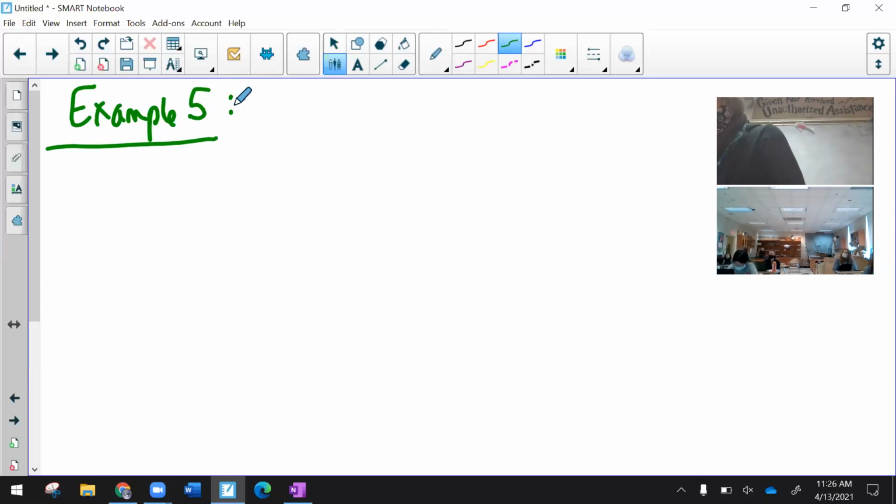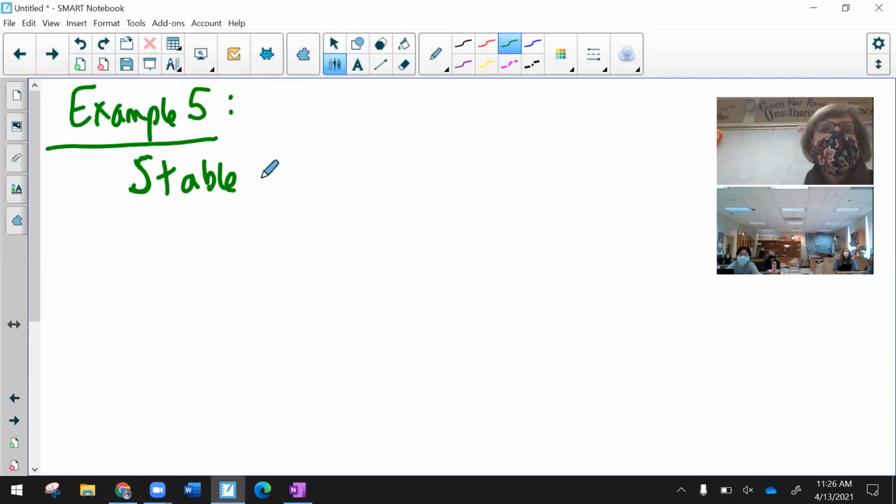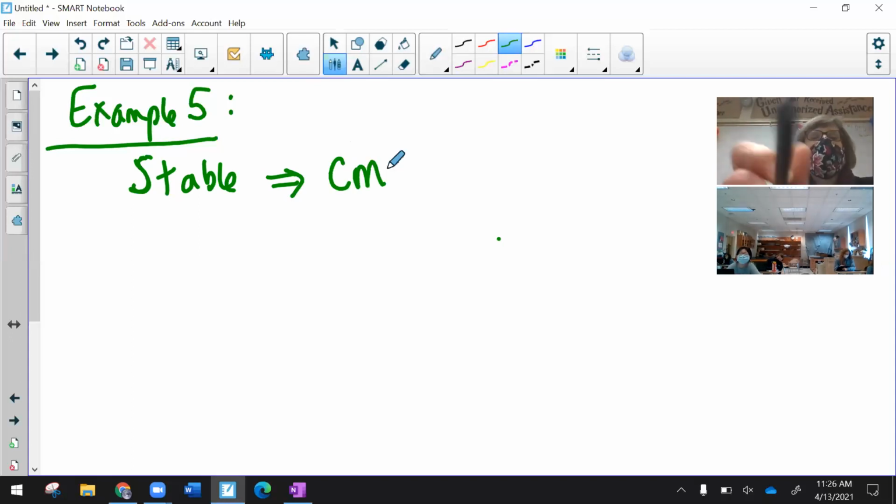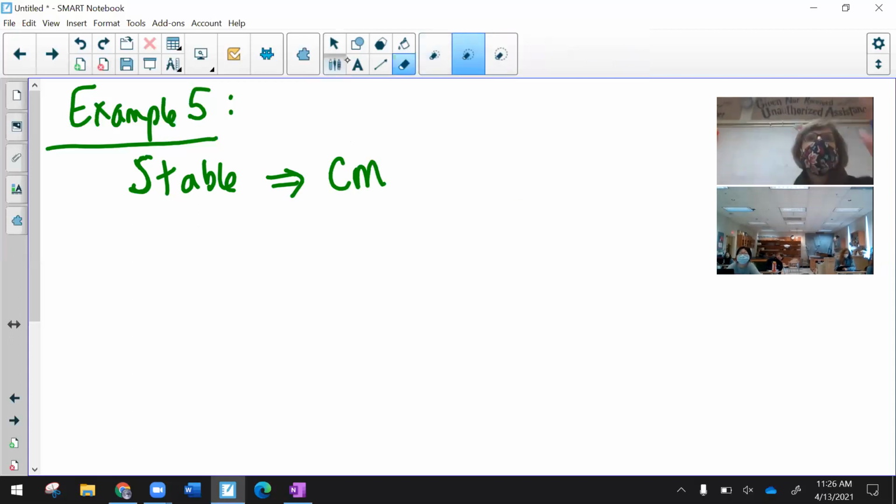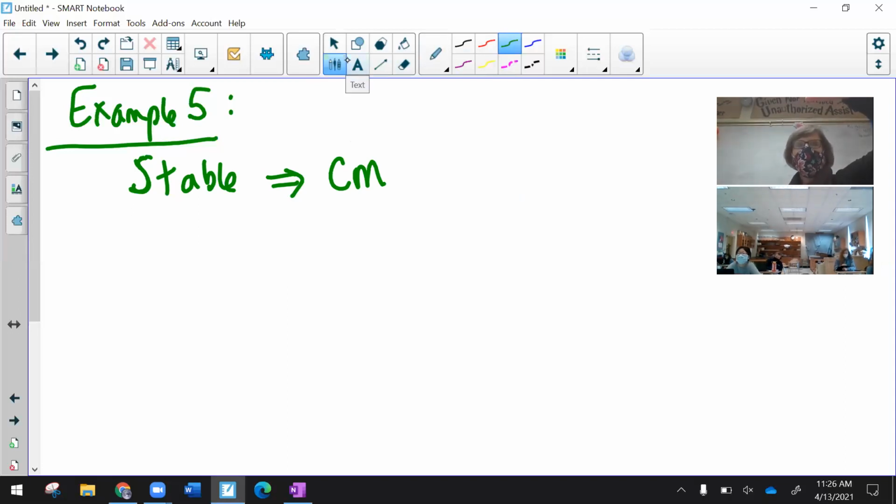Okay. Now, the trick here, and this is actually why we do this problem, is that to be stable, the center of mass of whatever is above can't be over the edge of the thing below it.